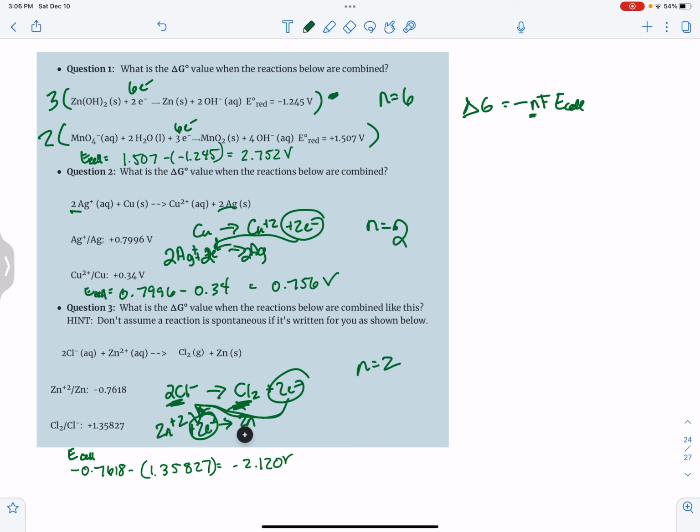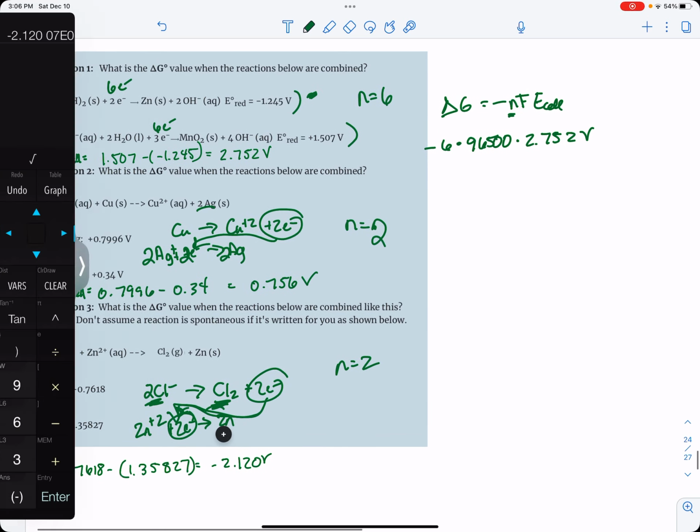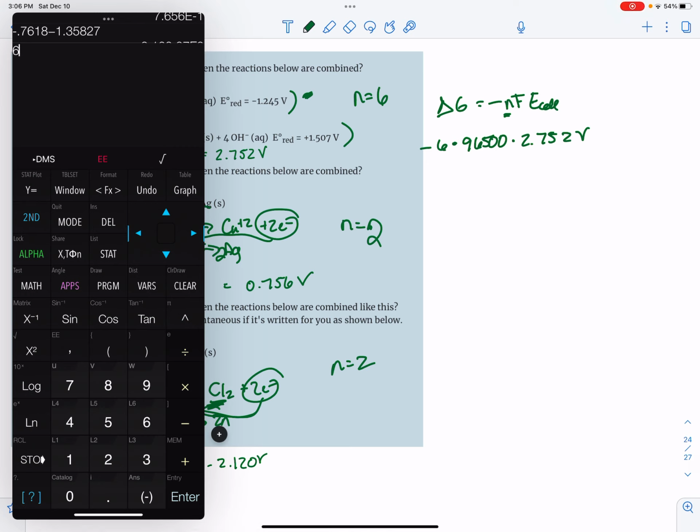So my delta G in this first case is -6 times 96,500 times my E cell, which is 2.752 volts. And that gives me 6 times 96,500 times 2.752.